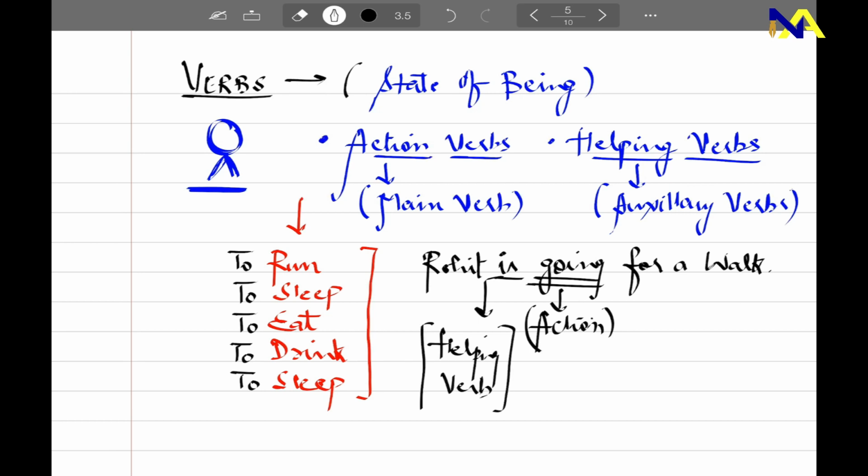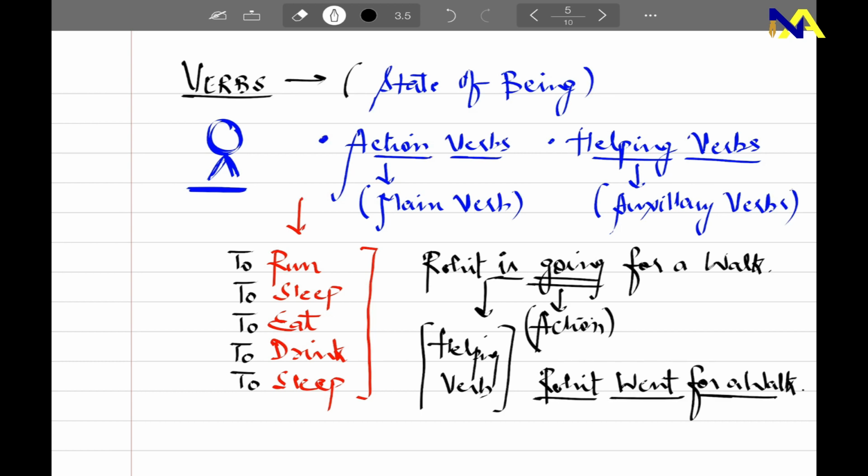As you can see, we can't say Rohit is for a walk, but in another sentence we can say Rohit went for a walk. Did you see any helping verb over here?